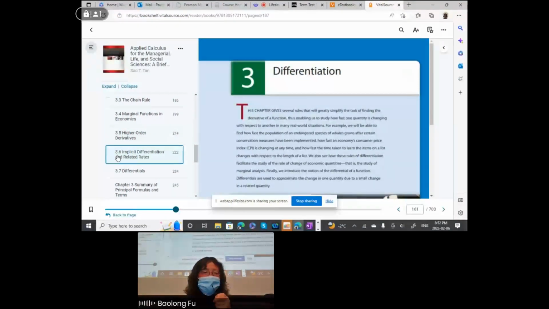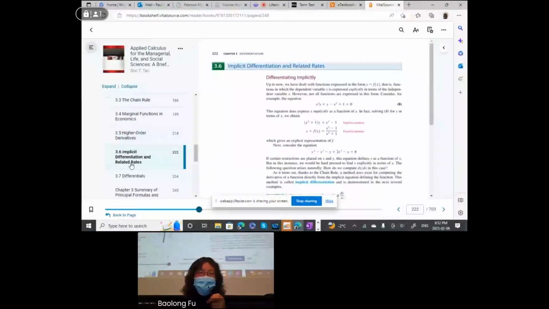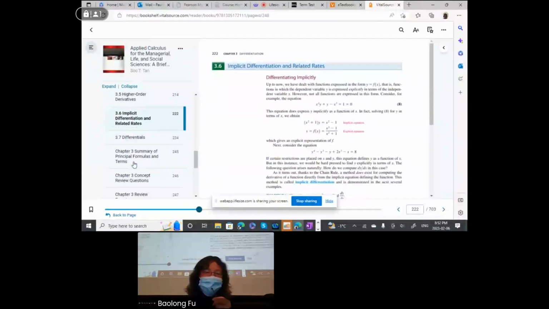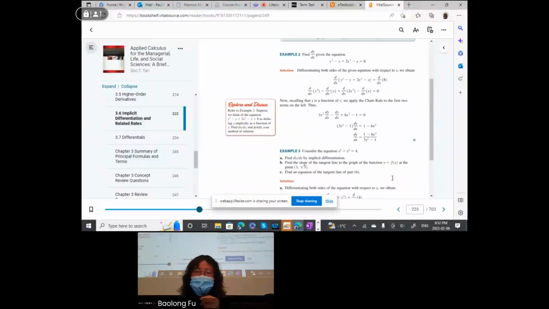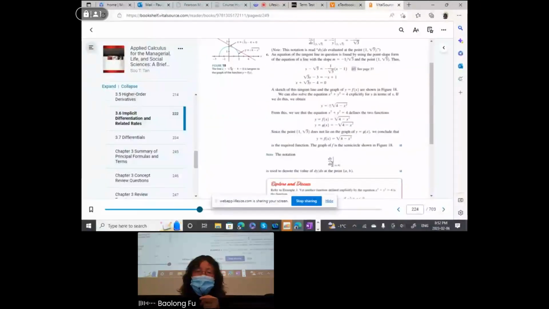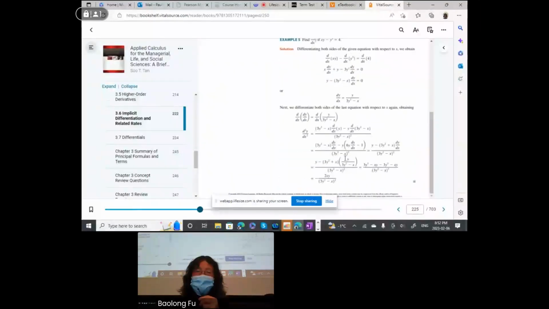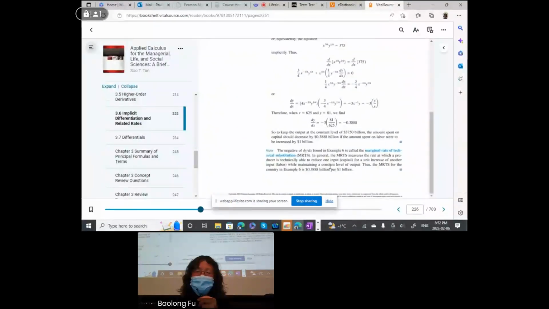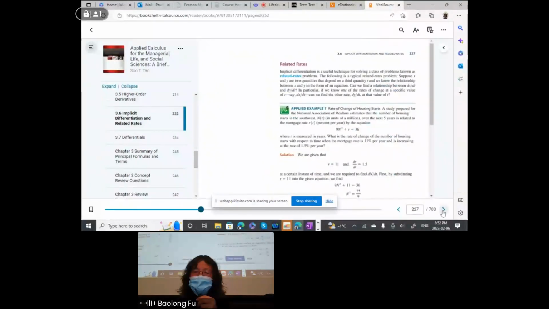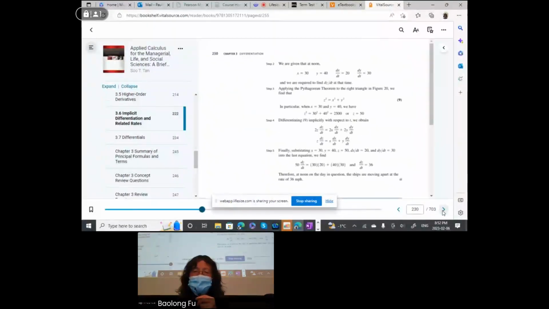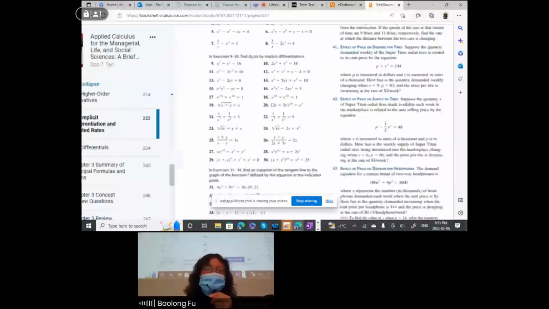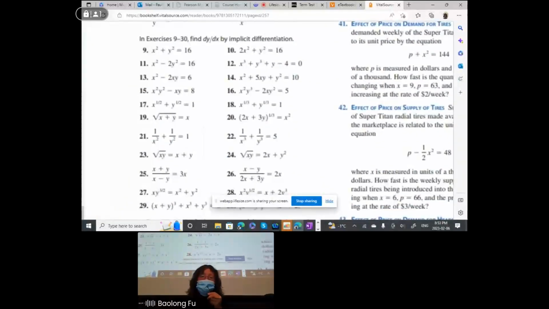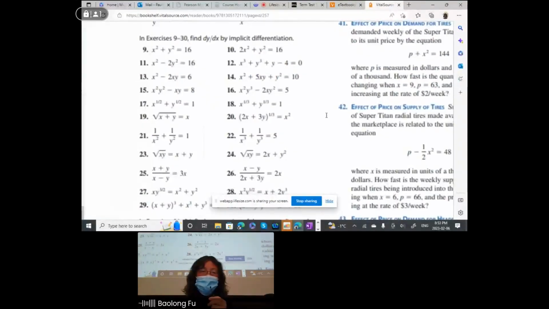It is 3.6, implicit differentiation. Okay, I will do maybe one question from this exercise. Which one do you want me to go through?